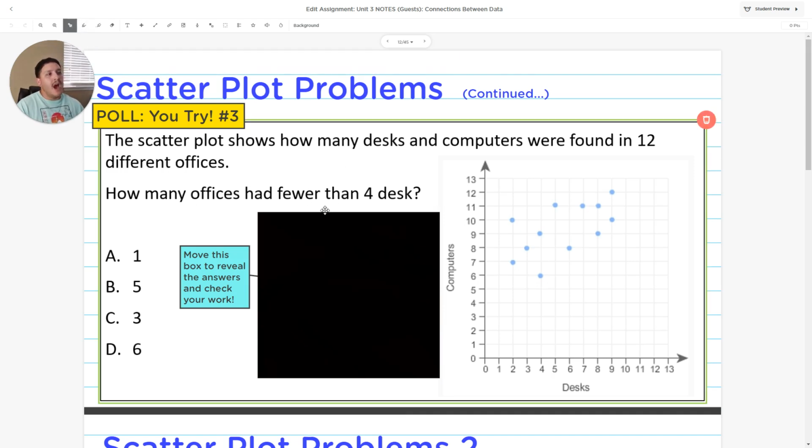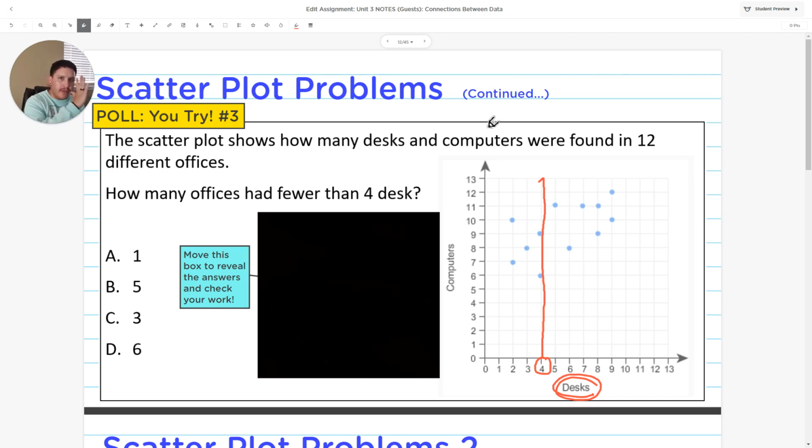So, how many offices had fewer than 4 desks? So we're looking at this axis right here, and we're looking at 4. So here's 4. What does fewer than mean? Fewer than means less than 4, not including the number 4. So I want everything to the left of where my 4 is located, 4 desks.